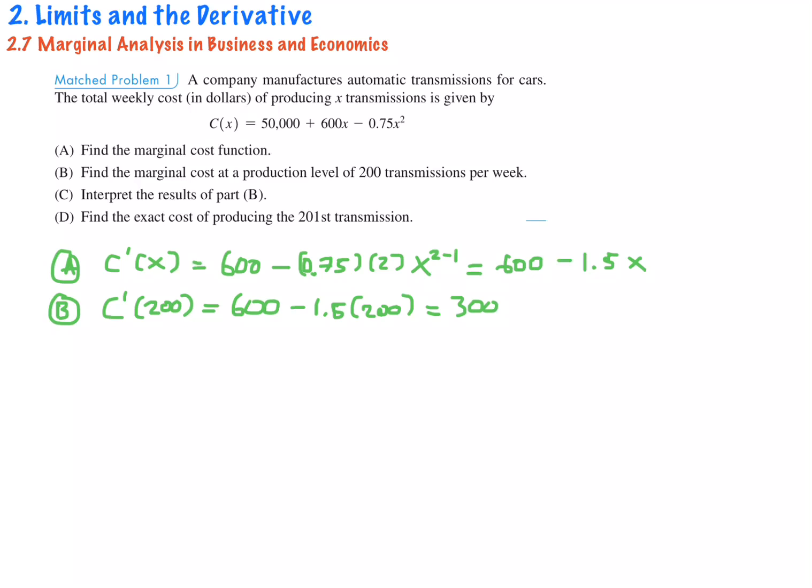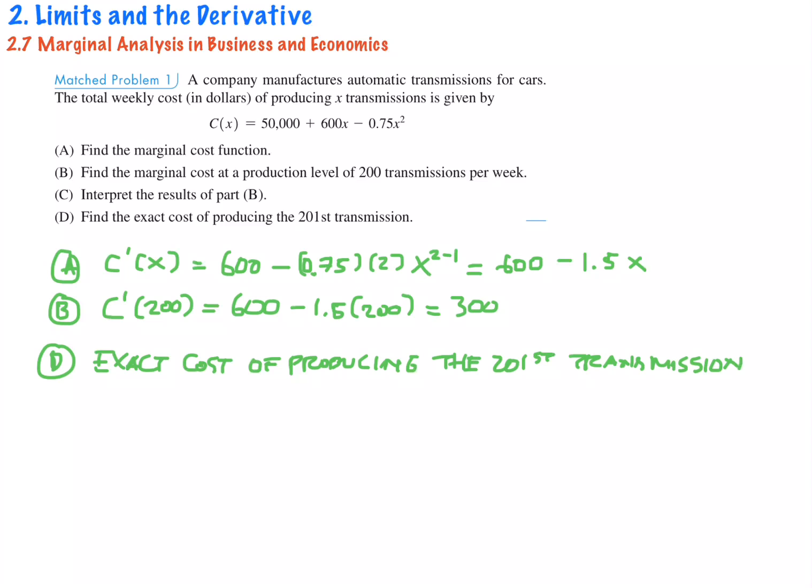That's what it means. It's not the total cost, but the cost to produce the next item will be about $300. Okay, so D, find the exact cost. When it asks us for the exact cost, always remember that it refers to the increment.